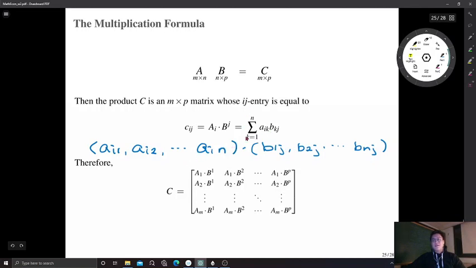So using summation notation, we can write this as the summation of A sub ik times B sub kj, where k goes from 1 to n.